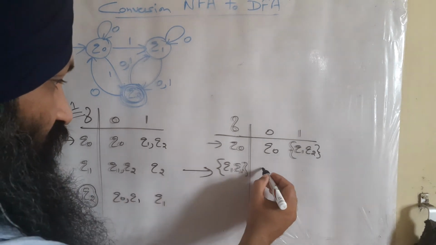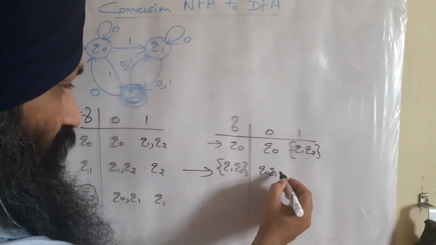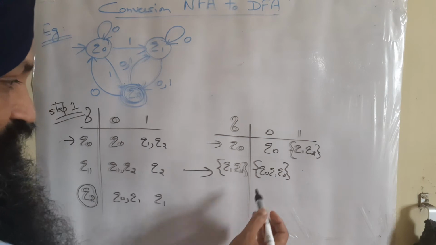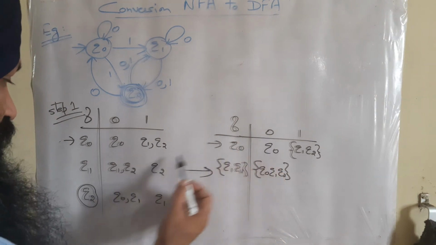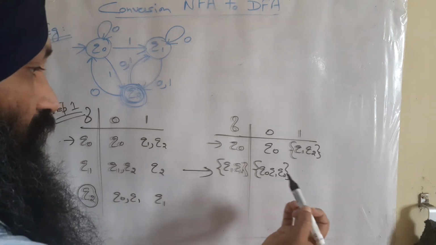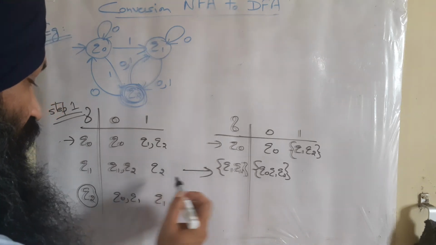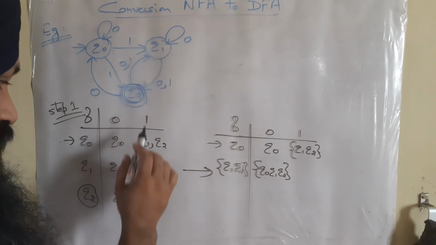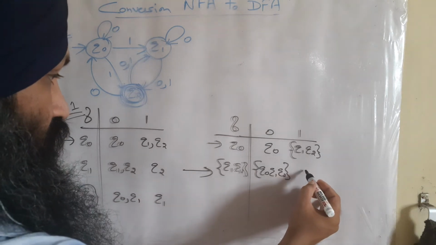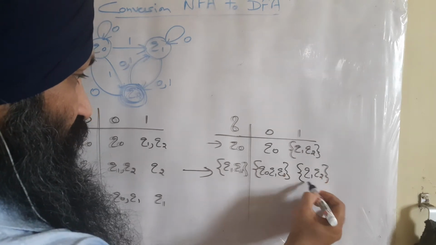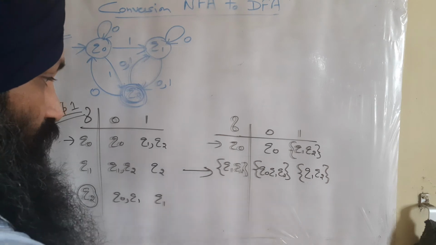So three states are arising as one state, so we are writing this one in this style: Q0 Q1 Q2, because Q1 with respect to 0 gives Q1 Q2 and Q2 with respect to 0 gives Q0 Q1, that's why 3 are coming here. Similarly Q1 with respect to 1 goes to Q2 and Q2 with respect to 1 goes to Q1, so we are writing the same state, that is Q1 Q2.